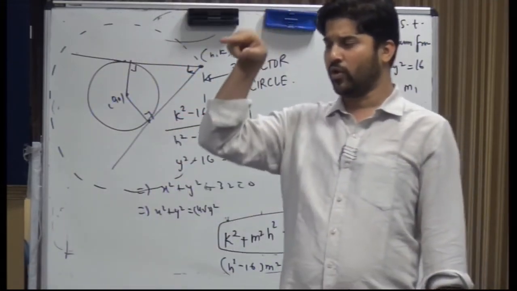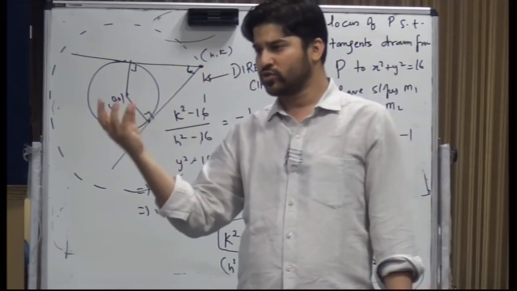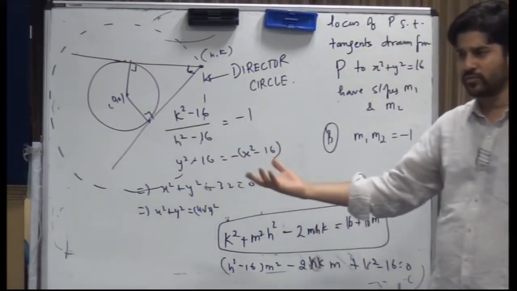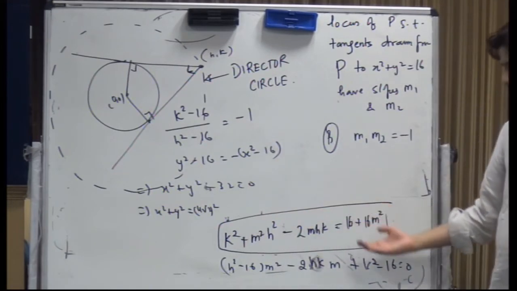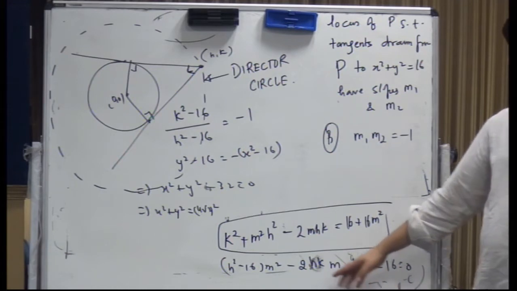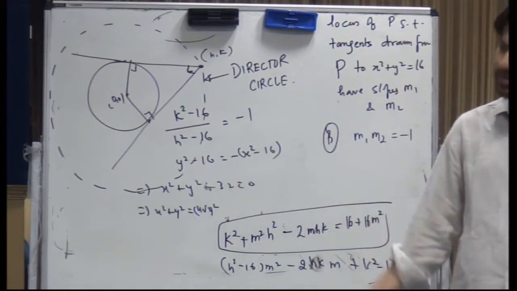You will be left with mod c upon under root a square plus b square, which would be equal to radius. Solving that mod, you got a quadratic equation in m, which by rearranging you got this expression. Quadratic equation in m having certain coefficients in terms of h, k and constant.